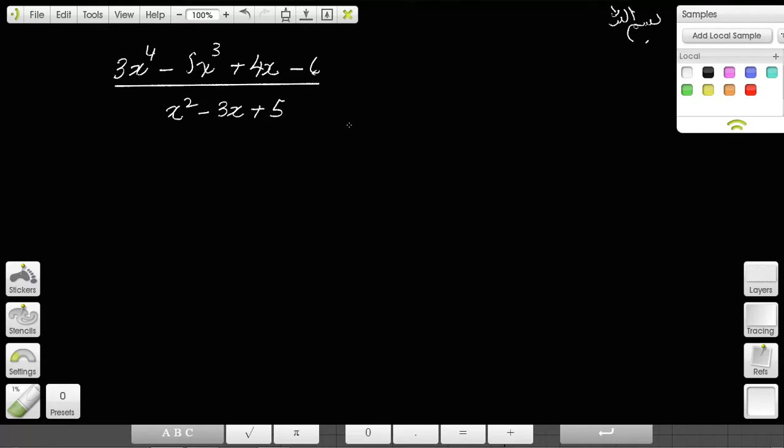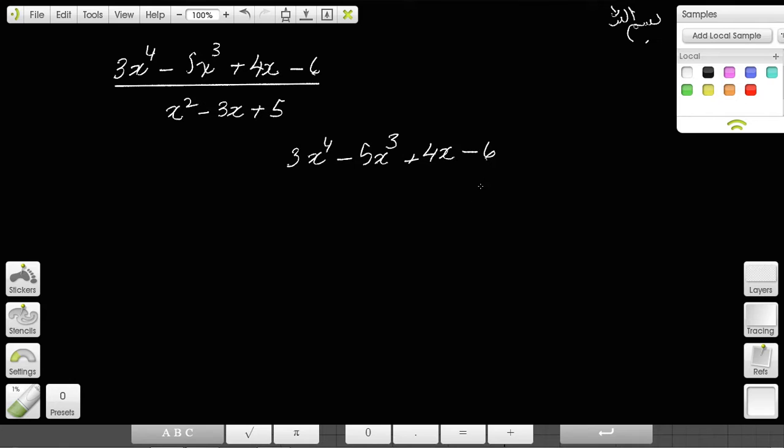I just want to make sure I copied this correctly from the book. So let's rewrite this again. 3x to the 4th minus 5x cubed, plus 4x minus 6.